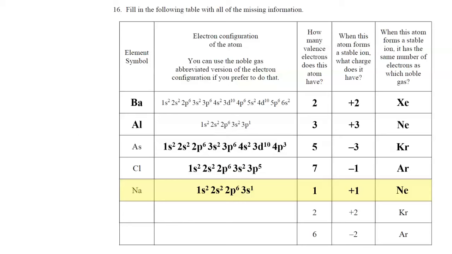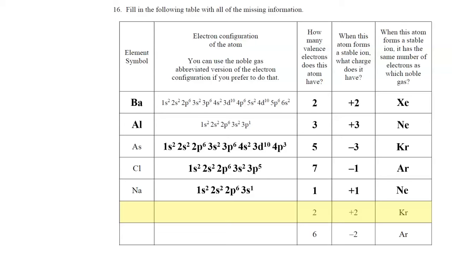In the next row of this table, we are not given the element symbol, and we're not given the electron configuration of the atom. But what we do know about this element is it has 2 valence electrons. When it forms a stable ion, it has a charge of +2, and it has the same number of electrons as the noble gas krypton when it forms a stable ion.